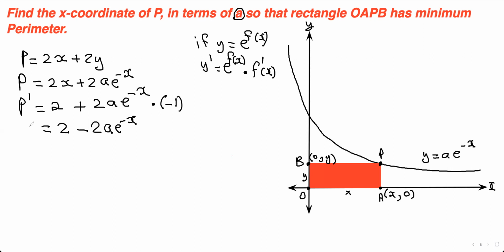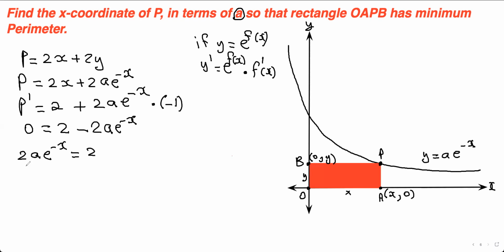And what we need to do now is set that to 0 so we could find the critical value. And the critical value is the value that gives us a maximum or a minimum of the perimeter. I'm going to move this whole thing, -2a e to the negative x, to the left side, so it's going to become positive. So 2a e to the negative x equals 2.